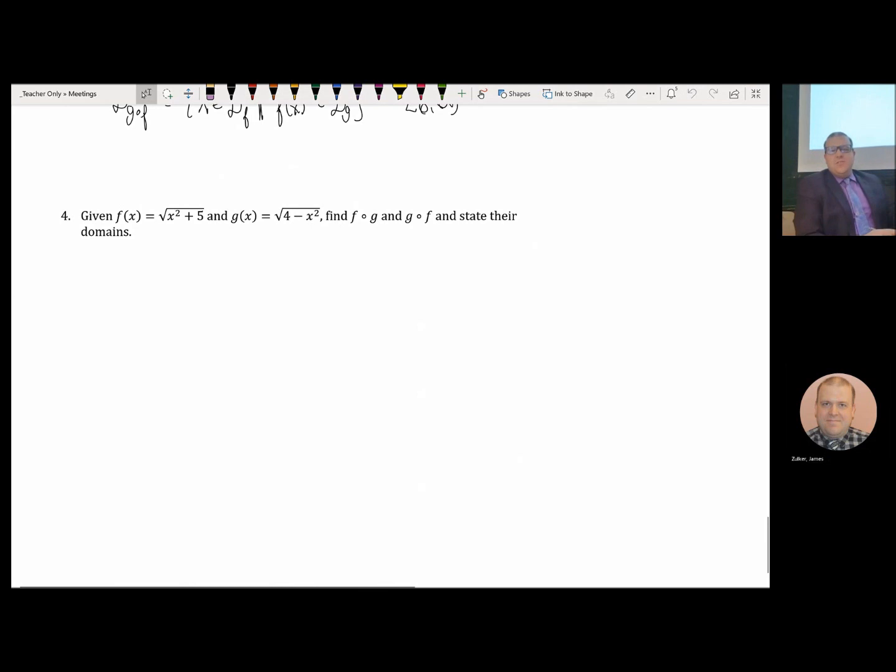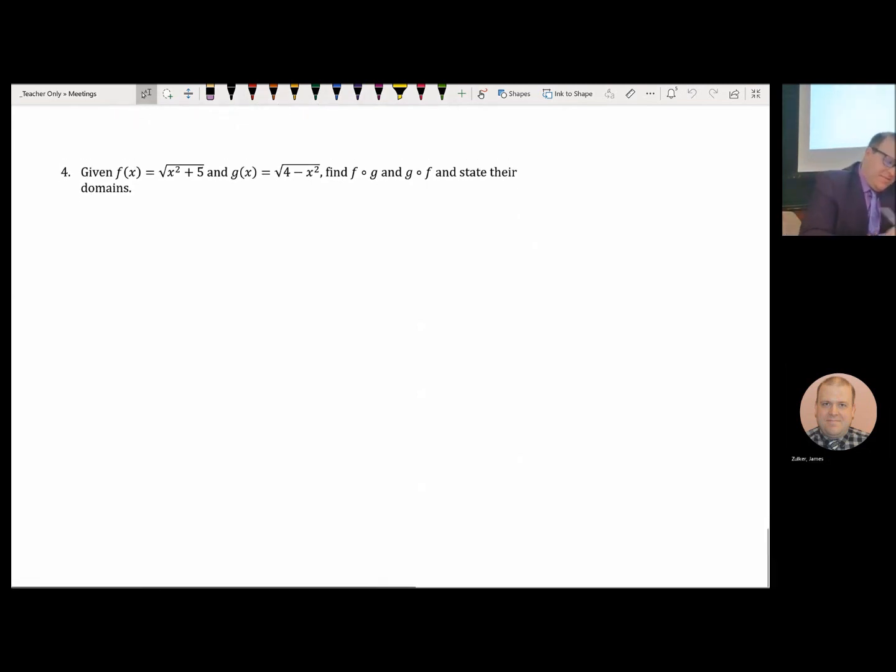Same question, two different functions. Start the same way. What is the domain of f? Oh, all real numbers.